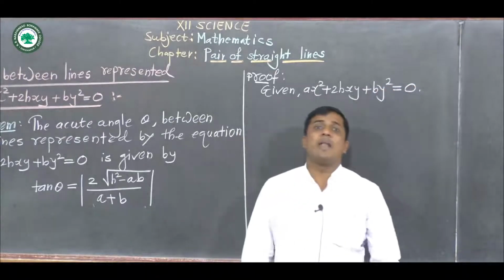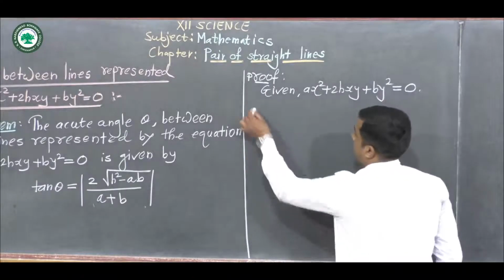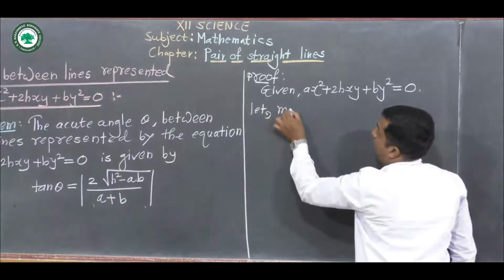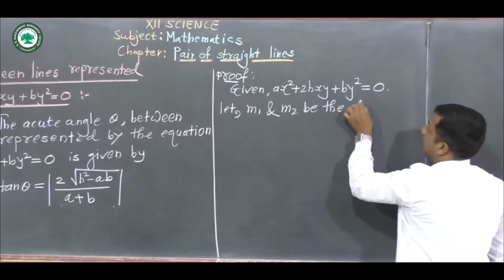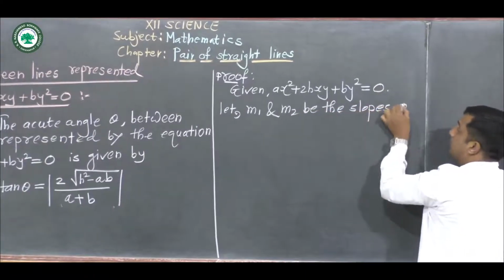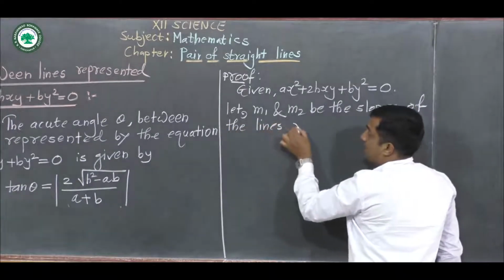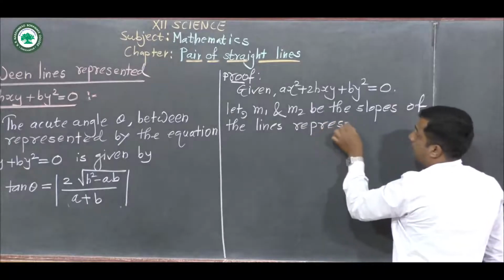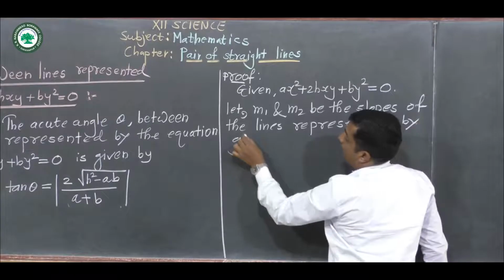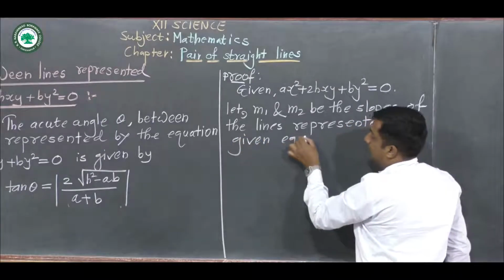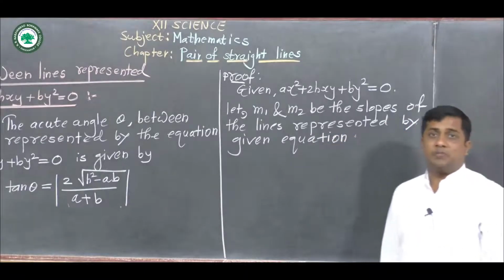Let us consider m1 and m2 to be the slopes of the lines represented by the given equation.